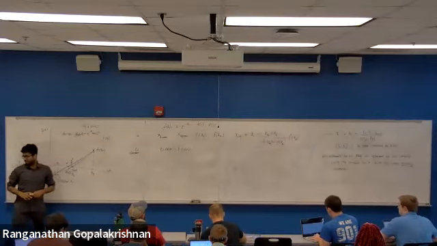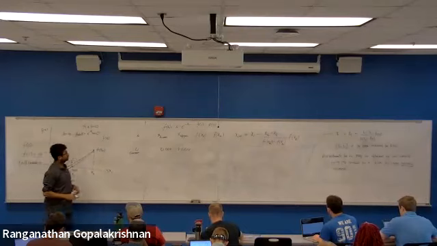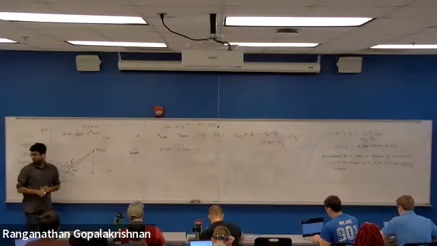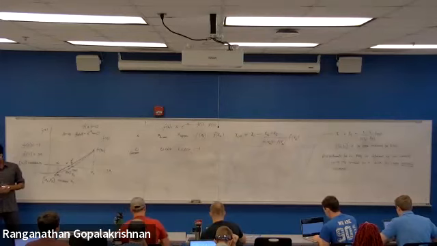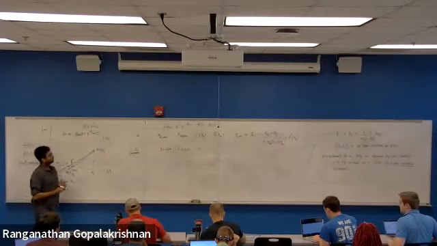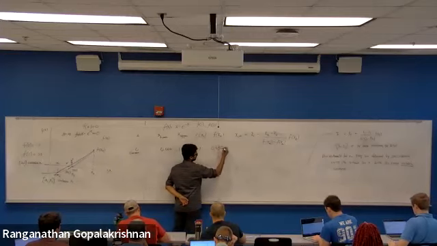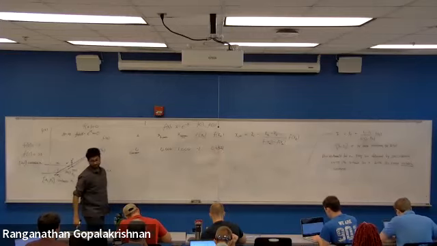My Excel sheet says f of x lower is minus 1. And what is f of x upper? 0.6321. We'll leave it at 4 places.